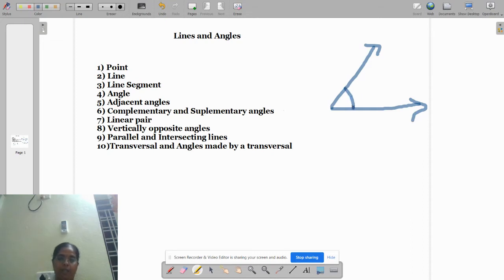Here this is called an angle. This is represented with the help of English alphabets. This is called angle AOB. The point where the two rays meet, denoted by O here, is called the vertex.